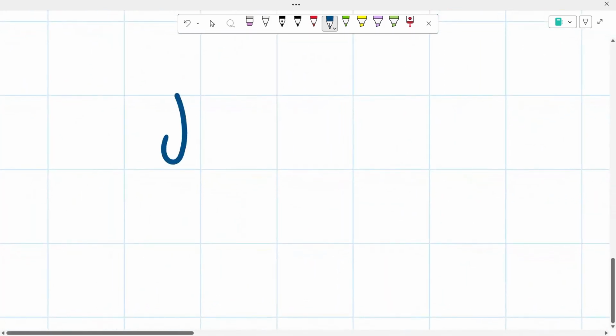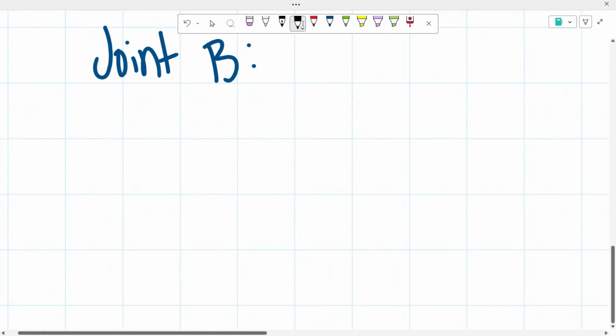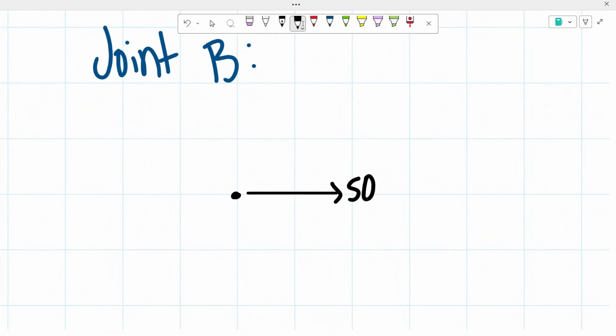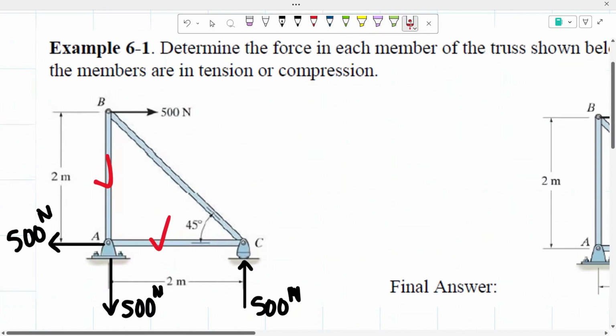So now I'm going to do joint B. Once again, sketch it out real quick. This is our joint B. We have 500 newtons acting to the right. And then remember, we have this bar coming out, and we already determined the value for that.